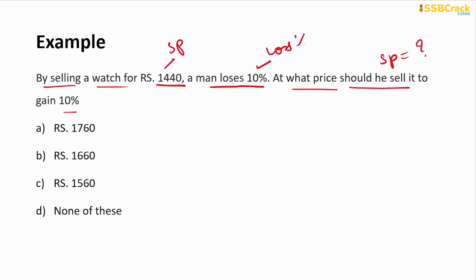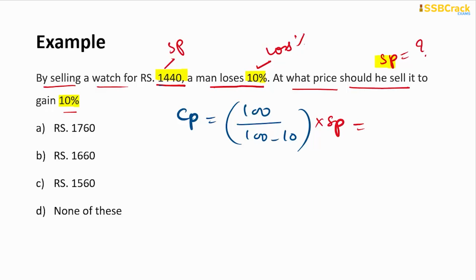This question is a combination. In the initial conditions, SP is given and loss percent is given, but what is unknown is CP. Take that CP, and then for the second scenario, to calculate the SP for a gain percent of 10, you have to use that CP. So first of all we will use the formula of CP, because CP is unknown for the first transaction, and the CP formula is 100 upon 100 minus loss percent, that is 10, into SP provided in the question.